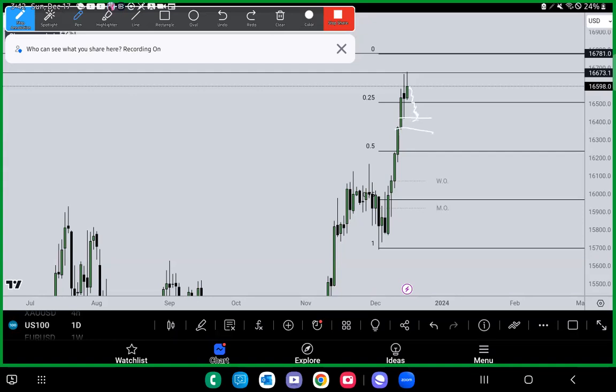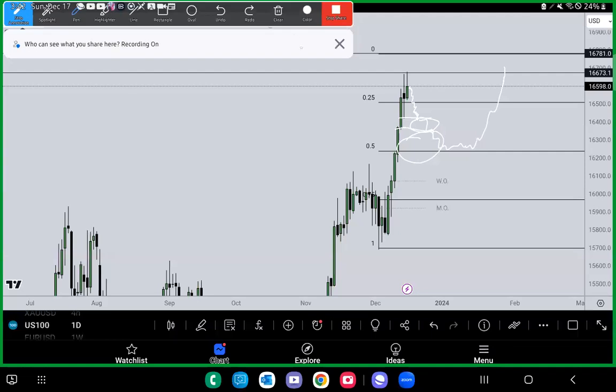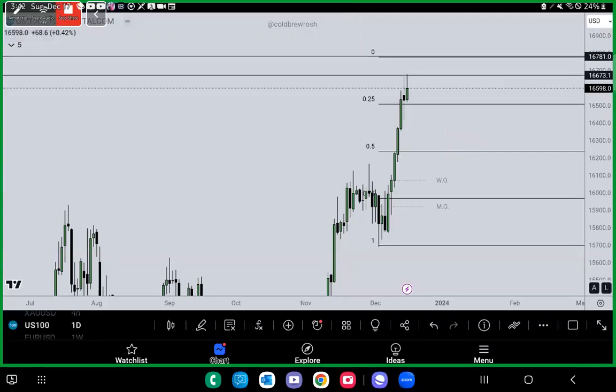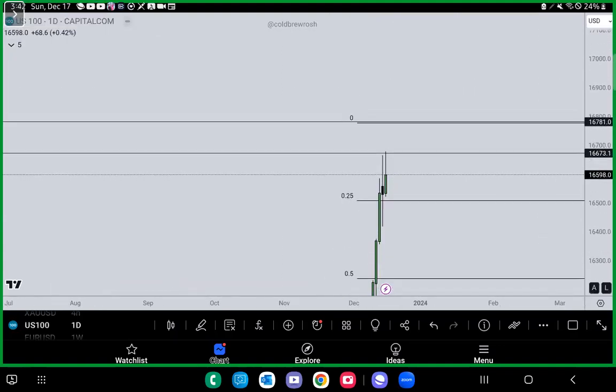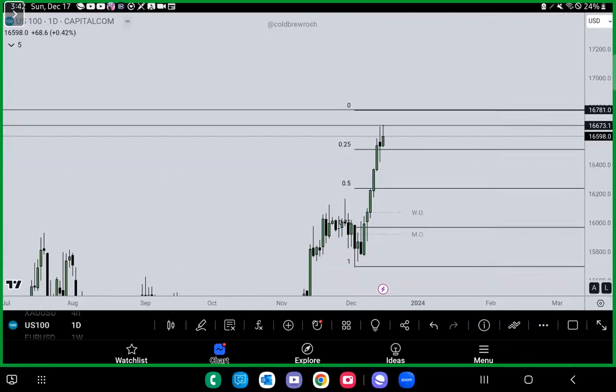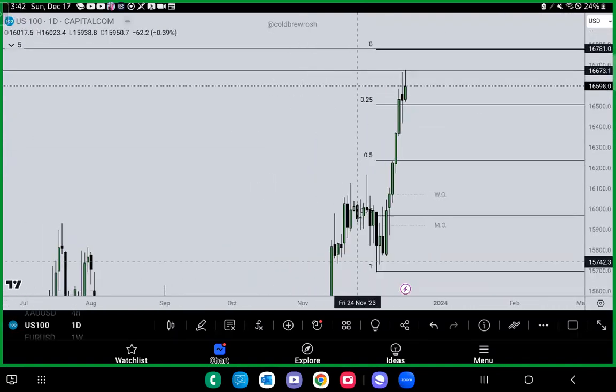But the biggest thing is we'll be sensitive to wanting to see buy side delivery from somewhere within this particular area, because I do believe 16780, or we would just call that number 16800, I do believe we'll see NAS reach up into that level.